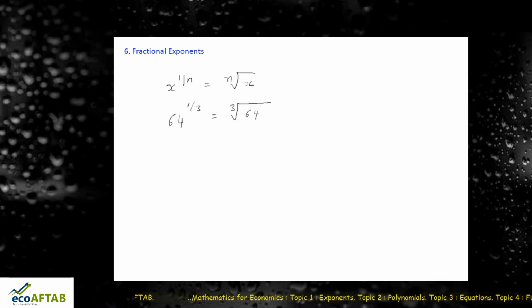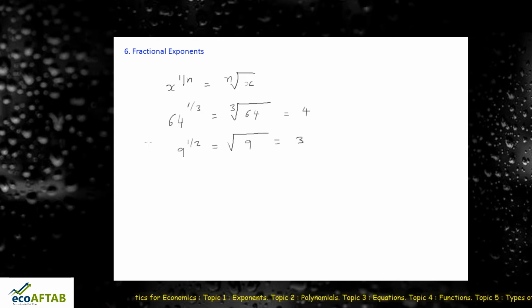So 64 raised to 1 by 3 can be written as cube root of 64, and that cube root of 64 is equal to 4. Similarly, if I say 9 raised to half, it is square root of 9. There is no need to write 2 because it is implied, it is square root. So square root of 9 is 3.